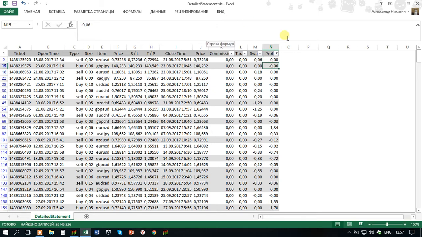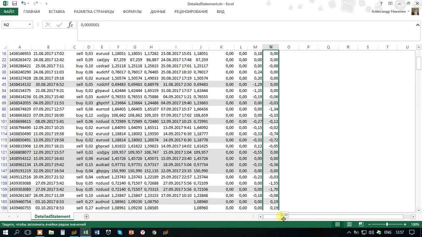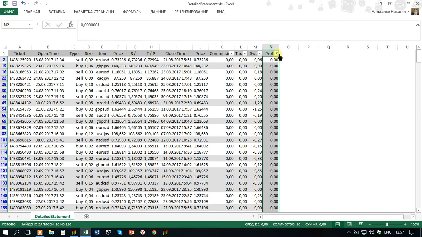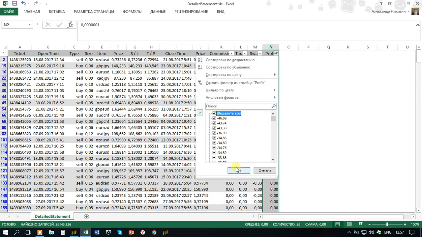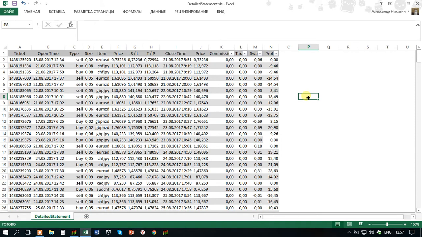I'm interested in my accuracy, how many winners I have compared to overall patterns. And I'm also interested in my average winner versus average loser.